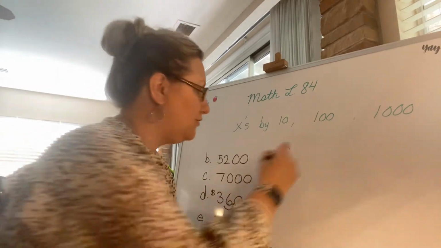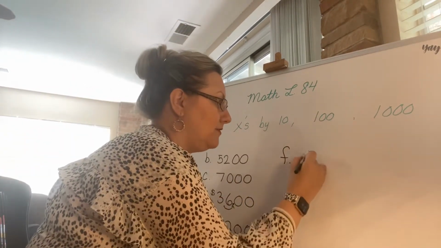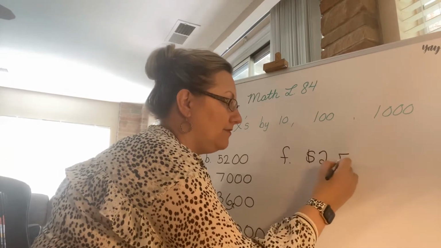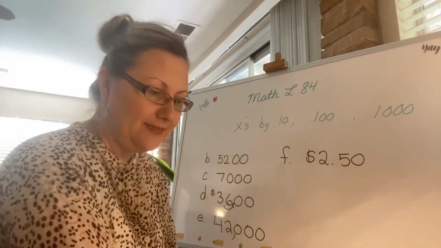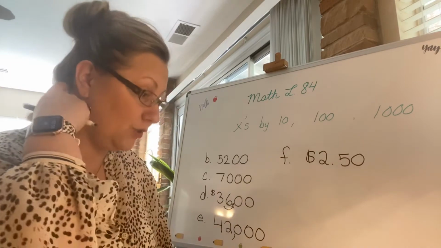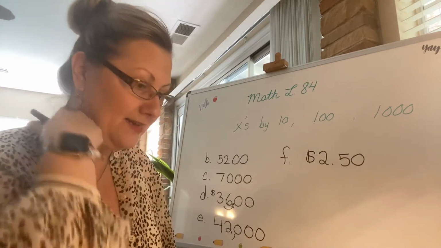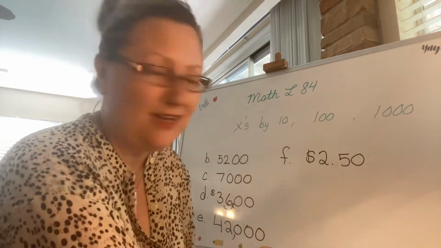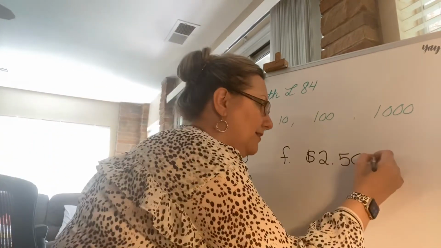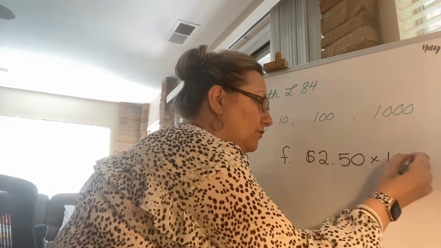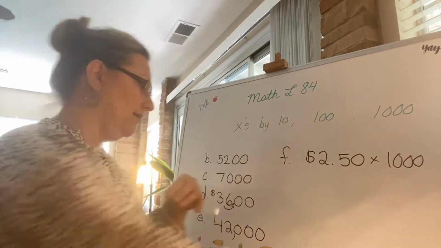Okay, let's move on to letter F. And here we have $2.50. So I'm going to go ahead and write down that amount of money just like it is for us to look at it. And then it says times 1,000. Think about that 1,000. I'm going to go ahead and write it on the board for us to look at.